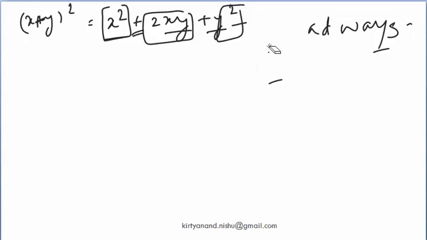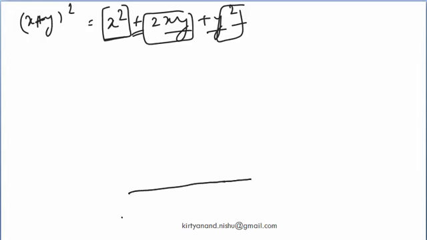So let's assume there is a line segment of length x, and what will be x plus y? There is another line segment which starts right here and has length y.